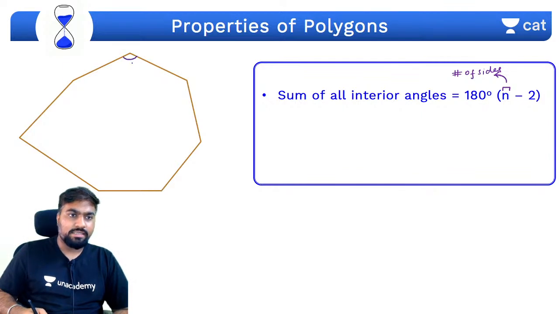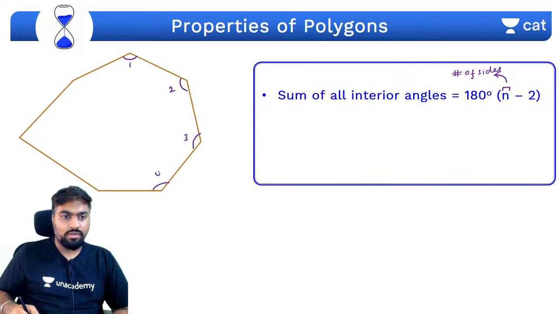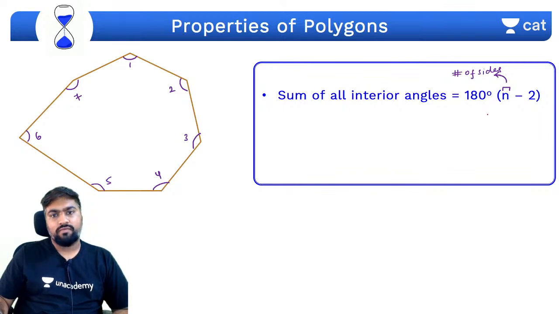So if I say this is angle 1, angle 2, angle 3, angle 4, 5, 6 and 7, the sum of all these 7 angles must be equal to what? 180 into 7 minus 2. Yes, which will be how much? 180 into 5 is 900 degrees.